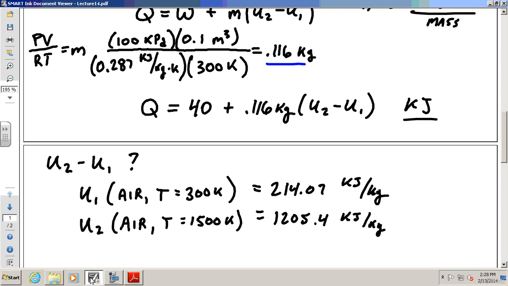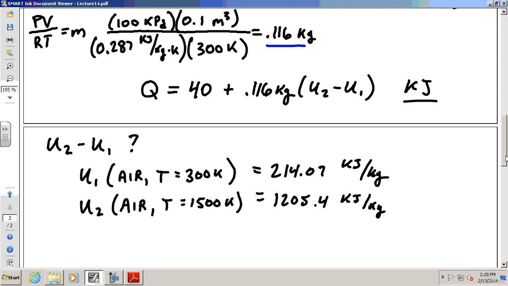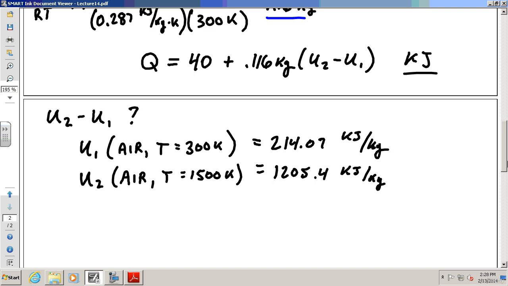All right. So it turns out, in this case, U2 minus U1, if you just do this subtraction, that's not much of a subtraction. U2 minus U1 is 991.3 kilojoules per kilogram.